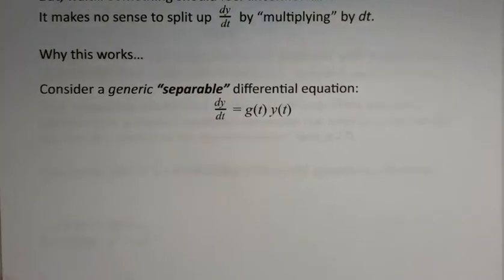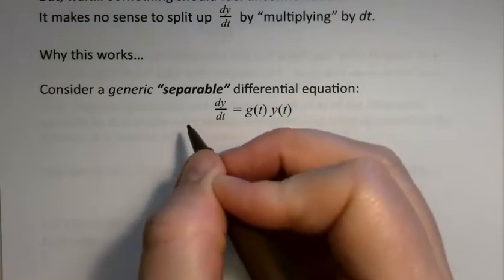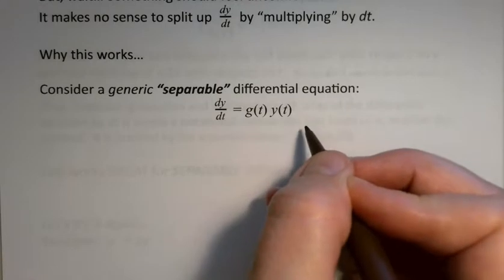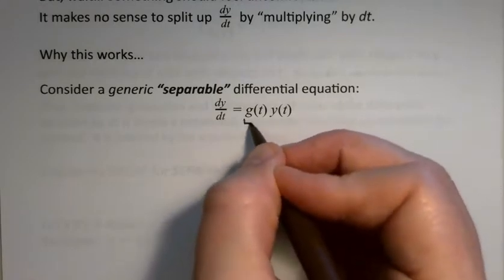We're going to consider what we're calling a generic separable differential equation. If you remember, what made it separable was that we were able to move the y's to one side and the functions of t by themselves to the other. Notice that what we have right here is multiplication.